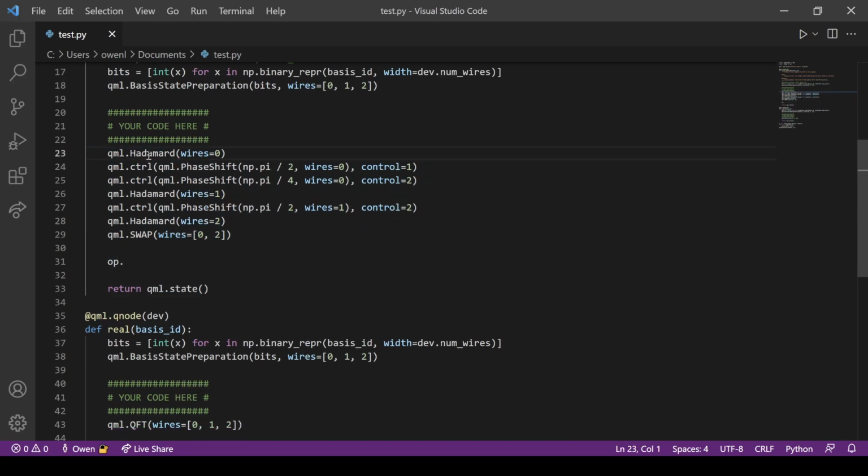So what we can do, however, is do this, well, not very easily, but easily enough. We can write a Hadamard matrix.